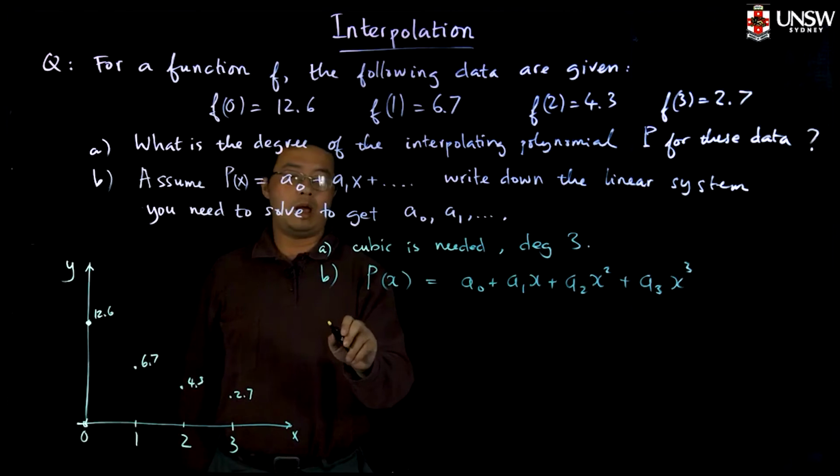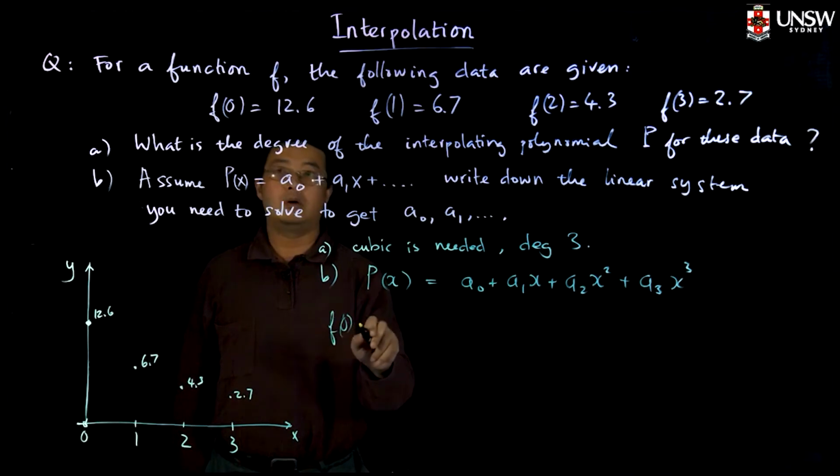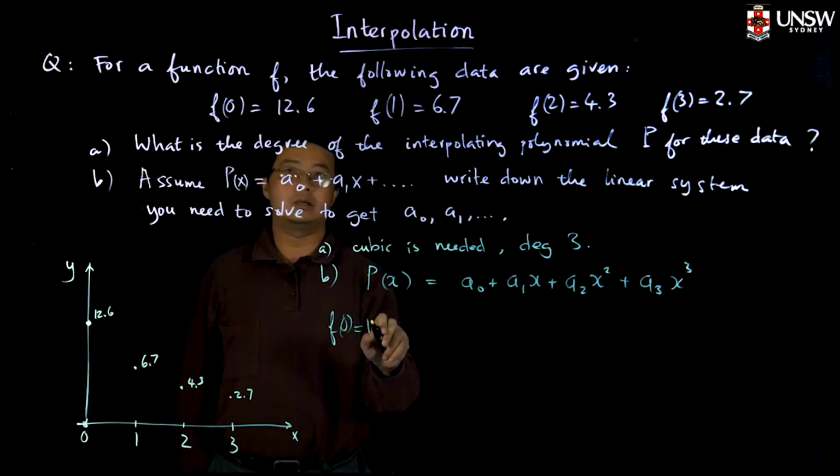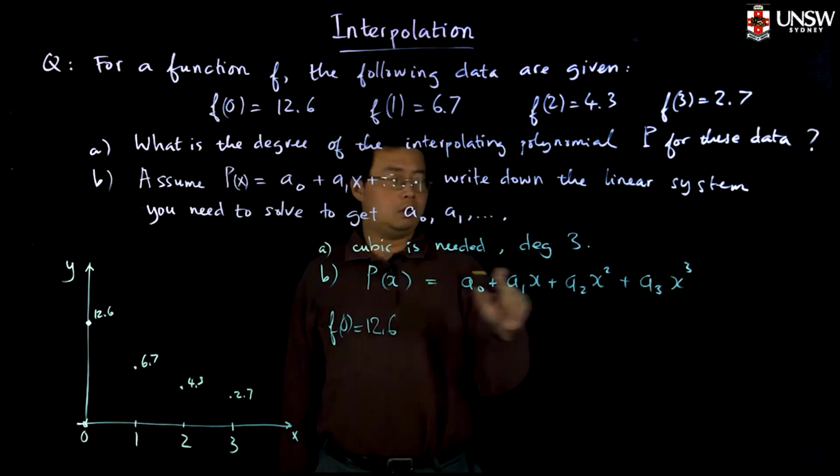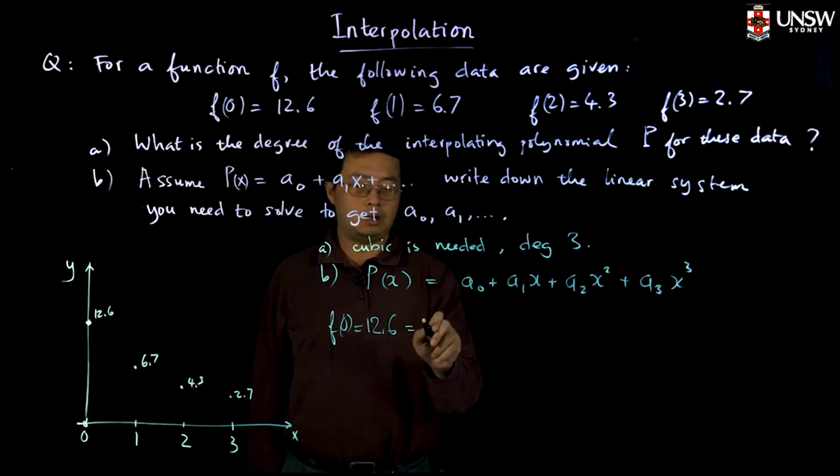So when we write f0 equals 12.6, we want it to equal p at the point 0.